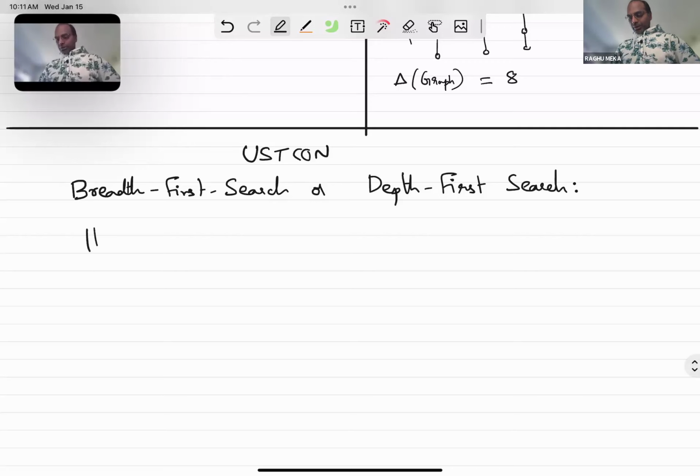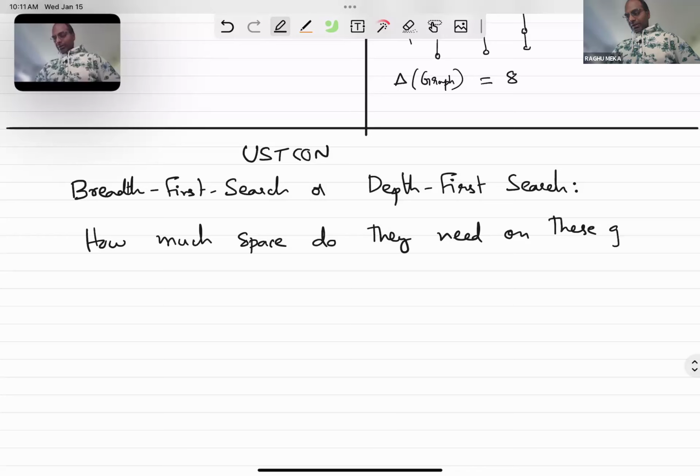So how much space do they need on these graphs?